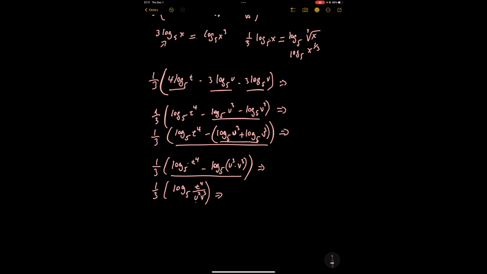And now, because I have that 1/3 in the front, that will be equal to log 5 of the cube root of t to the 4 over u cubed v cubed. And that would be your answer.